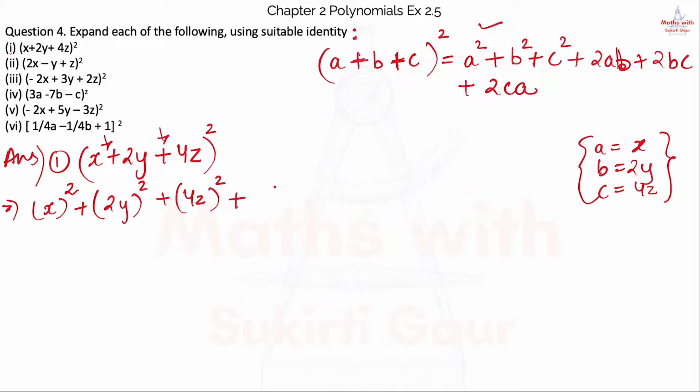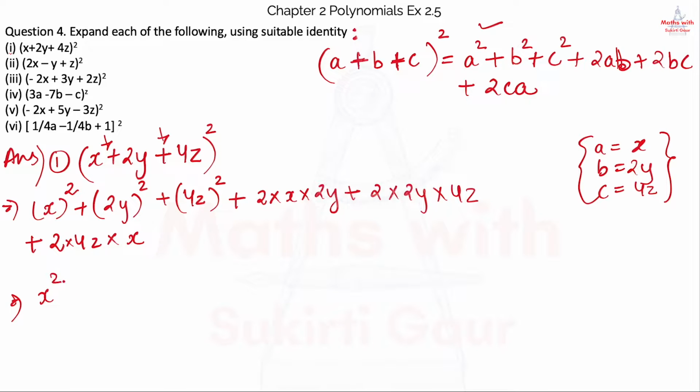Plus 2ab, so 2 into x into 2y, plus 2bc, 2 into 2y into 4z, plus 2ca, 2 into 4z into a is x. Now solve it. x square plus 4y square plus 16z square.